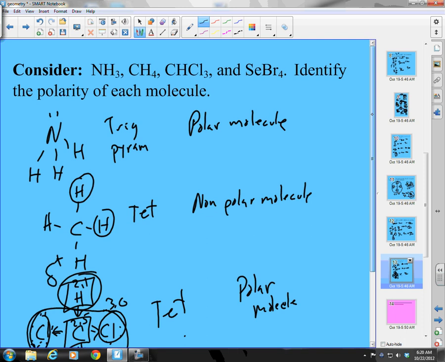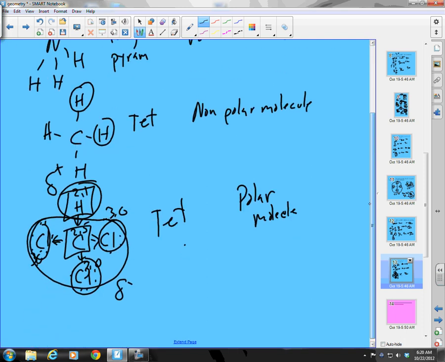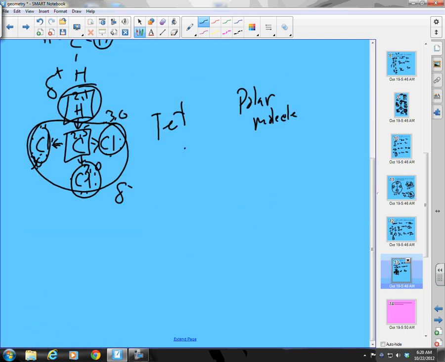And finally, selenium tetrabromide. Good. Here's my selenium. Here's a bromine, and here's a bromine, and here's a bromine, and here's a bromine. And I complete my octets.